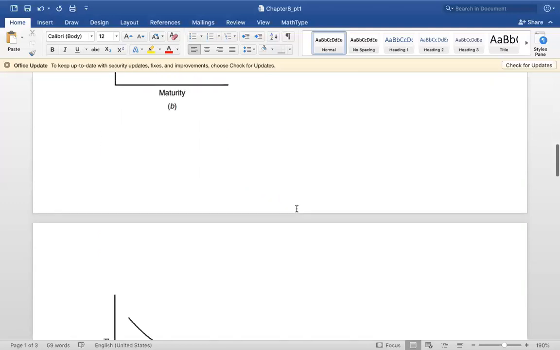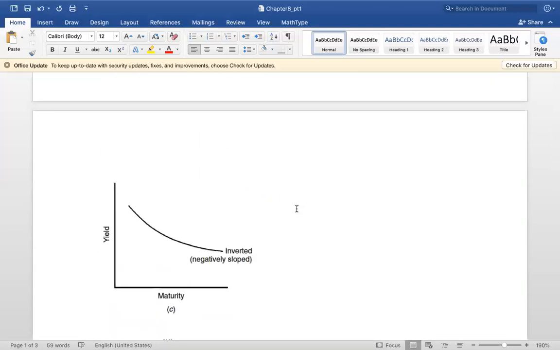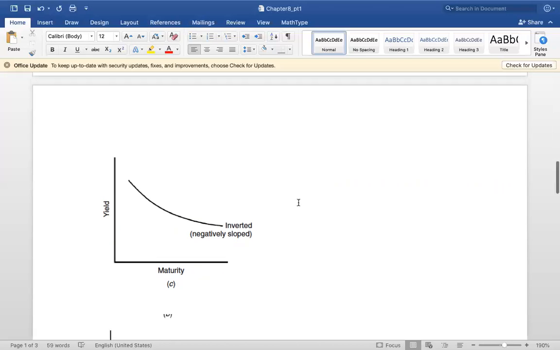Then we have a downward sloping or negatively sloped yield curve, which we call an inverted yield curve. Here, the yield on short-term maturities is higher compared to the longer maturities. Finally, we have a humped yield curve.